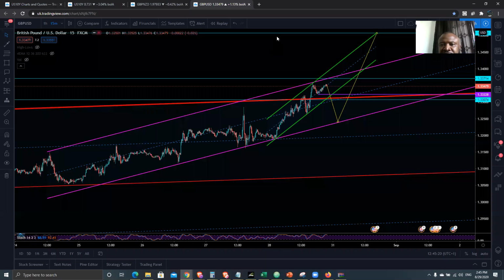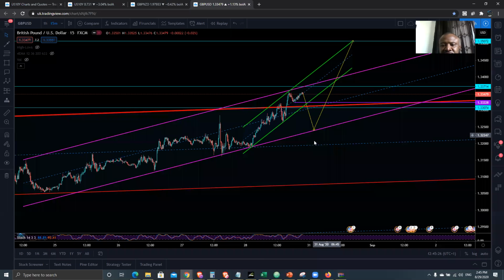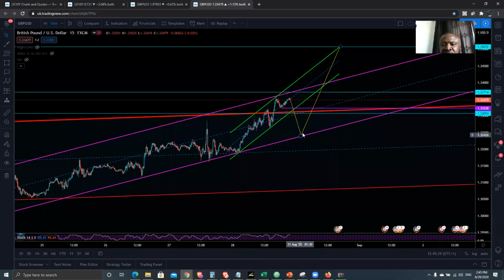I hope that is clear on the pound dollar. So sometimes it's just a key patience. Be patient for price to come down there, or be patient for us to see price over here before things can literally happen. Right, so I think, yeah, that's GU.